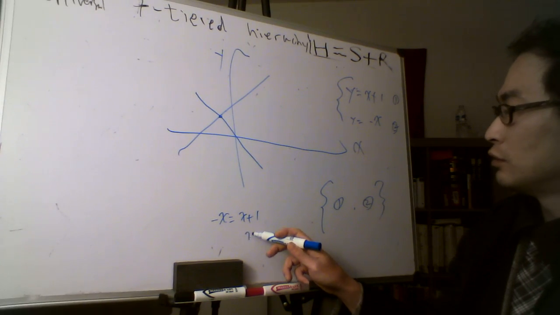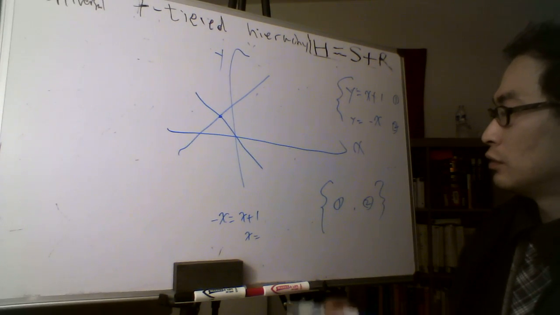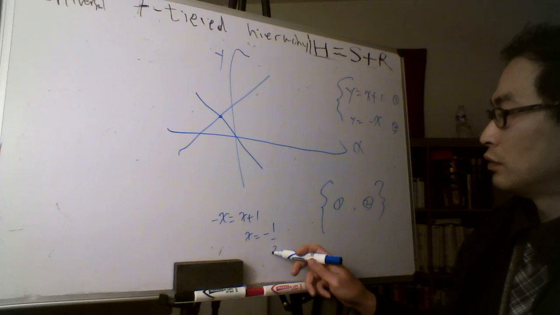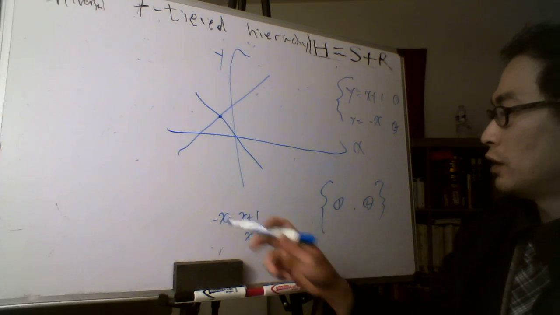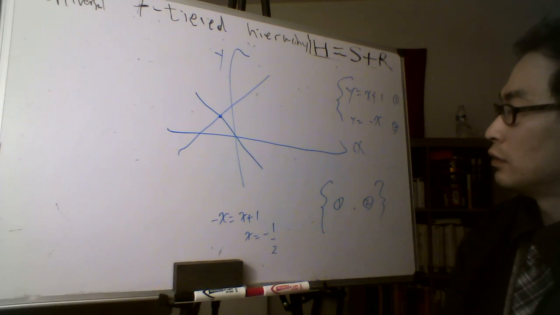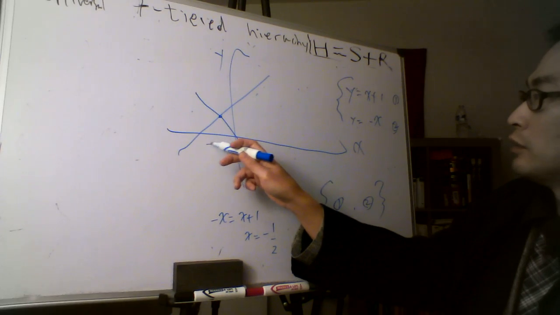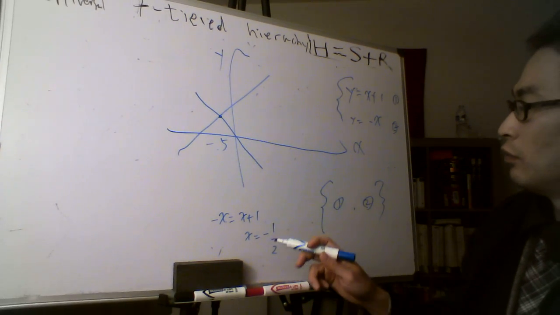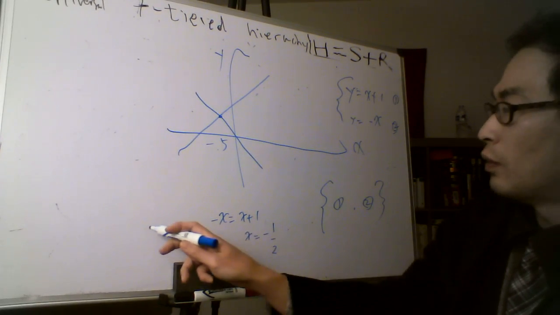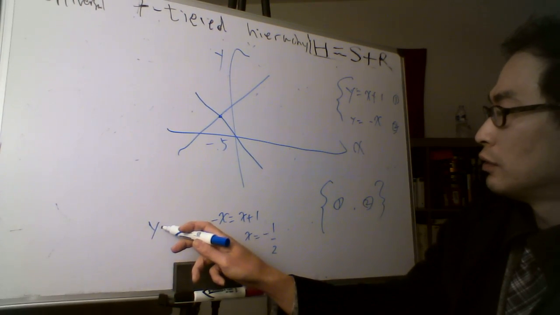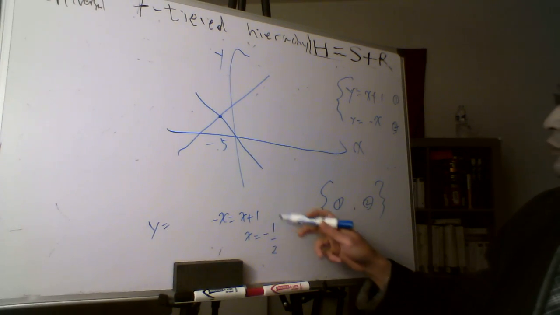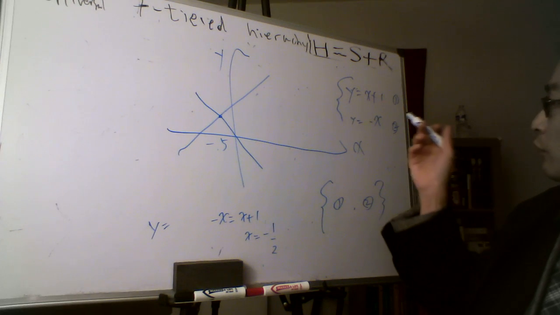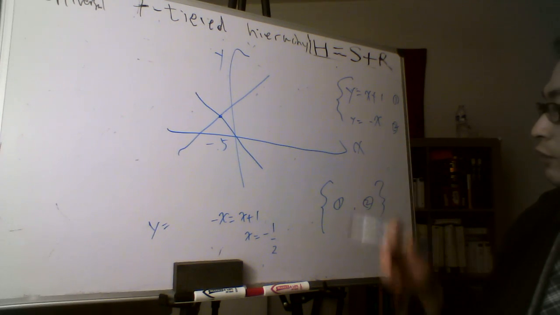So x is equal to minus 0.5 here. What is y? Y is equal to minus 1/2, we put it in either one.